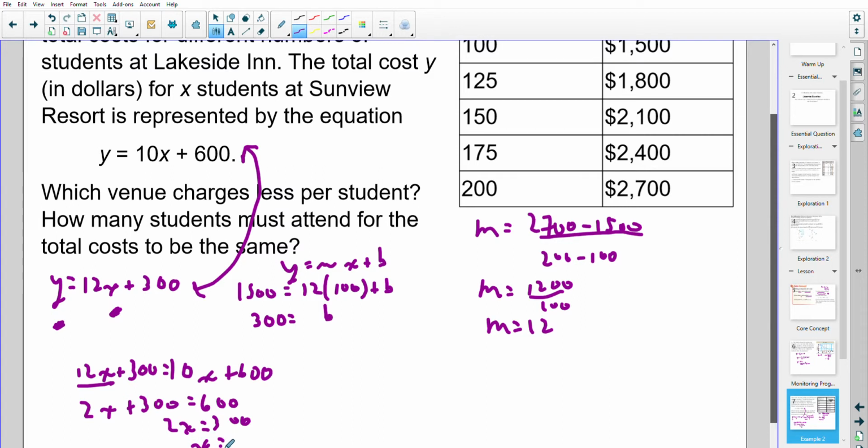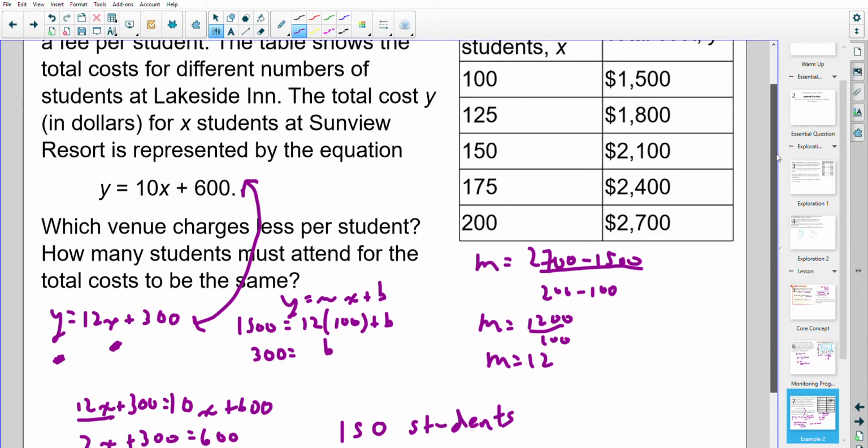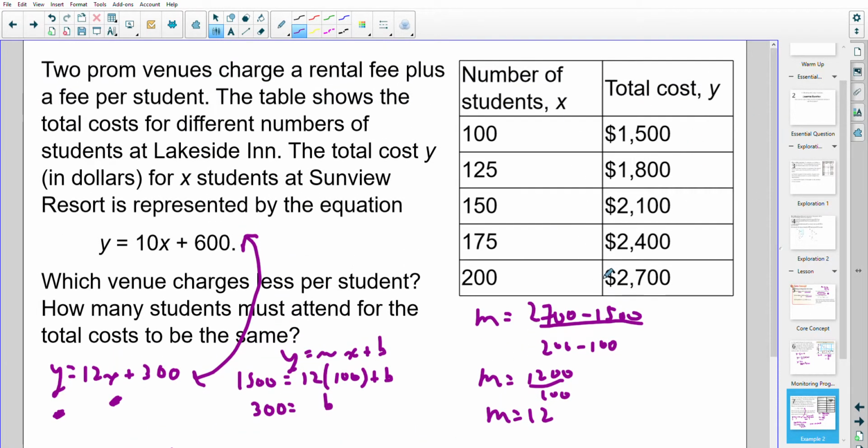You're going to see that x is equal to 150. So the answer is 150 students would make this cost the same as the other cost, which is in the table.